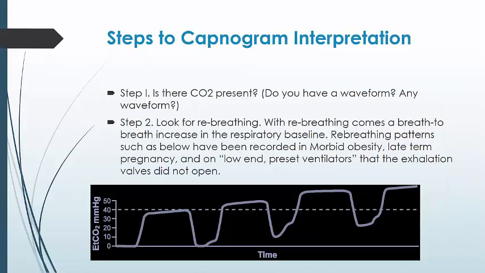Now, before we go any further on steps to interpretation, it's important to note that you will see a difference if you're looking at an on-screen waveform versus a printed waveform. Remember, the EKG speed is about 25 millimeters per second, and so a normal monitor screen only is going to display about 3 seconds at a time. Well, if the patient's only breathing every 5 seconds, then you're not going to see the waveform on the screen properly.